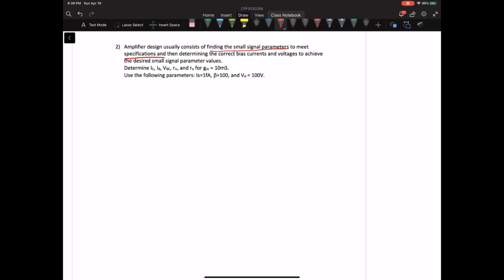To get the small signal parameters, you need to calculate a bunch of operating points. Here we need to determine I sub C, IB, and VBE, which are the operating points or biases. And R sub pi and R sub 0 are small signal values. We're given these parameters for the transistor.